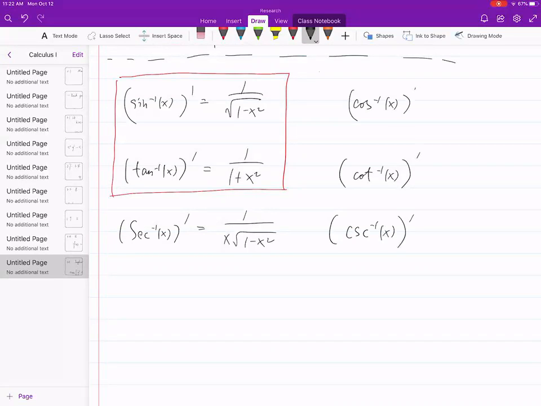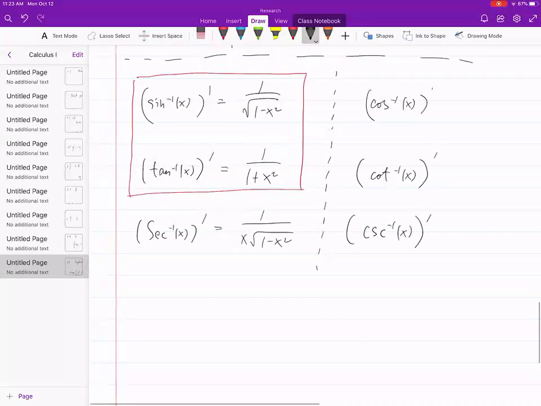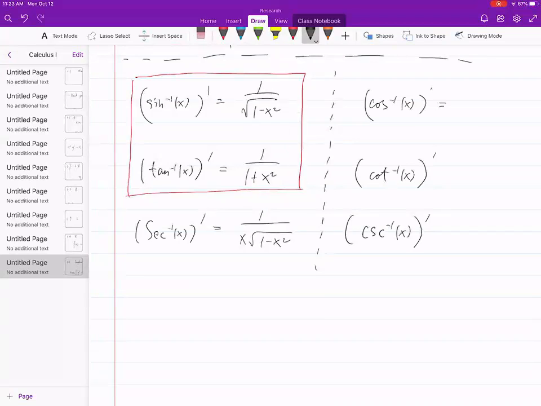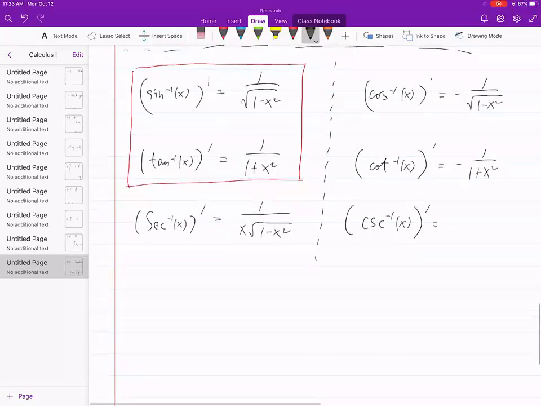Now, if you know everything on the left column, can you guess what's on the right column? This is for cosine inverse. This is for cosecant. And this is for cosecant. It's basically exactly the same thing with a negative sign.